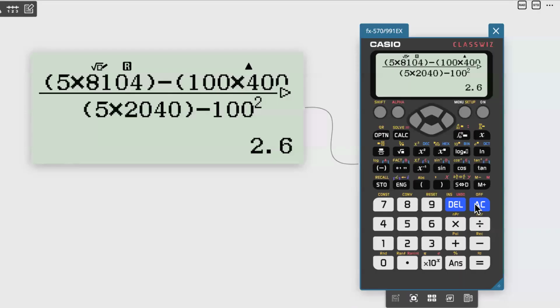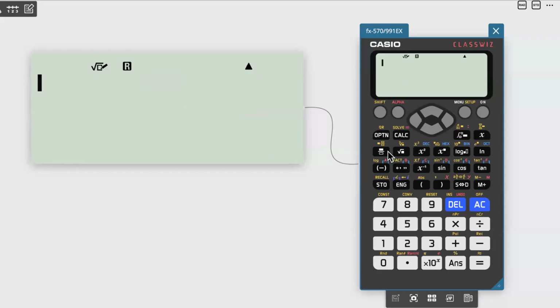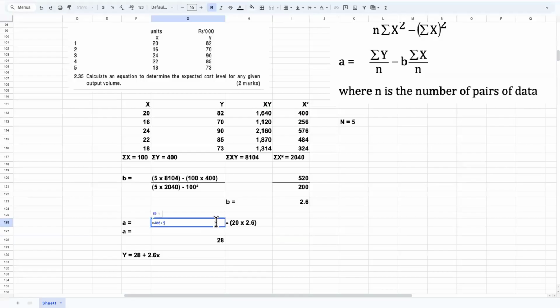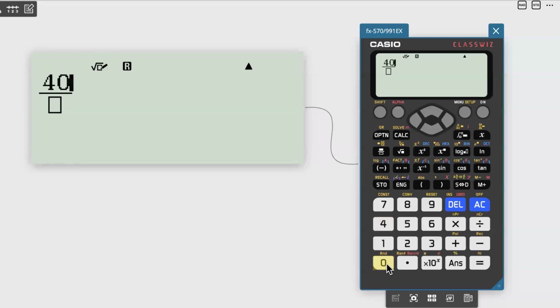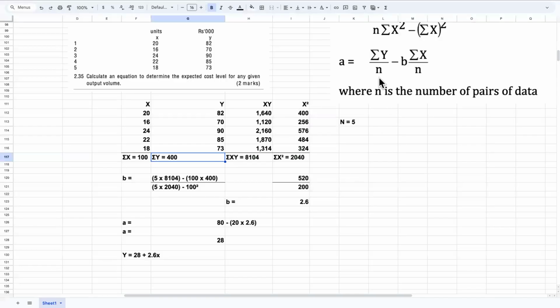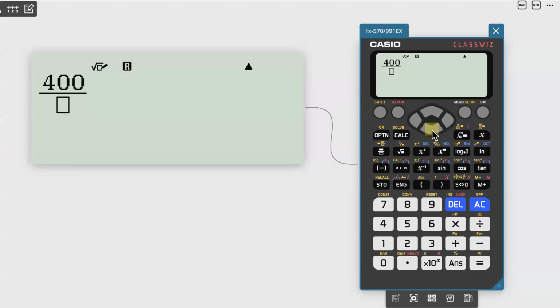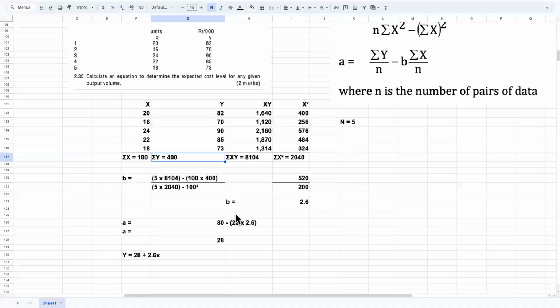Here you can do the same in the calculator also, if you want. Sigma y over n. Sigma y is 400, divided by n, n is 5.